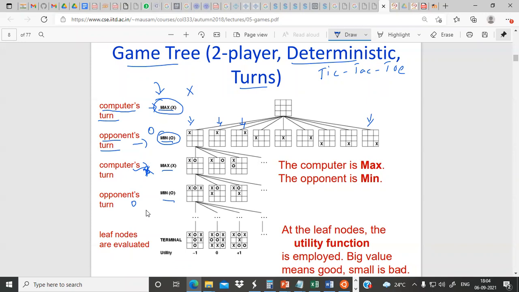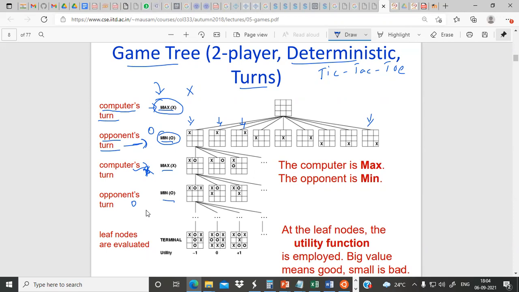Now as a result of this, these are the possible moves the opponent can make. If the computer makes this move, that is, it has kept the coin in the first row, first column, then the opponent can keep its coin in the first row, second column, or first row, third column, or second row, first column, or second row, second column, so on and so forth.